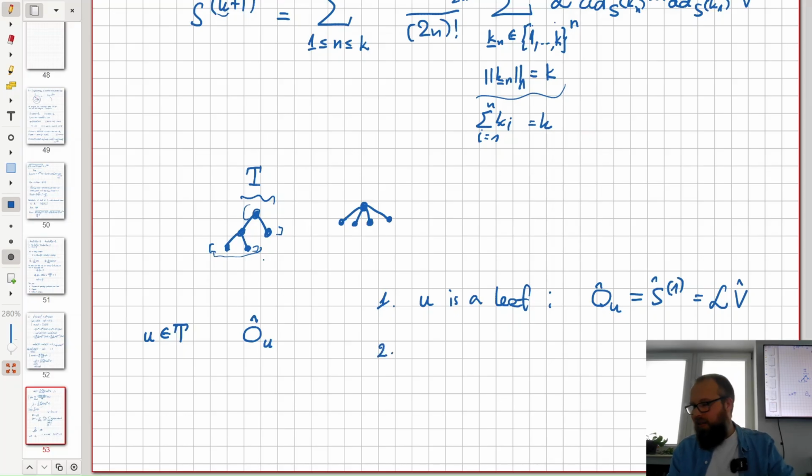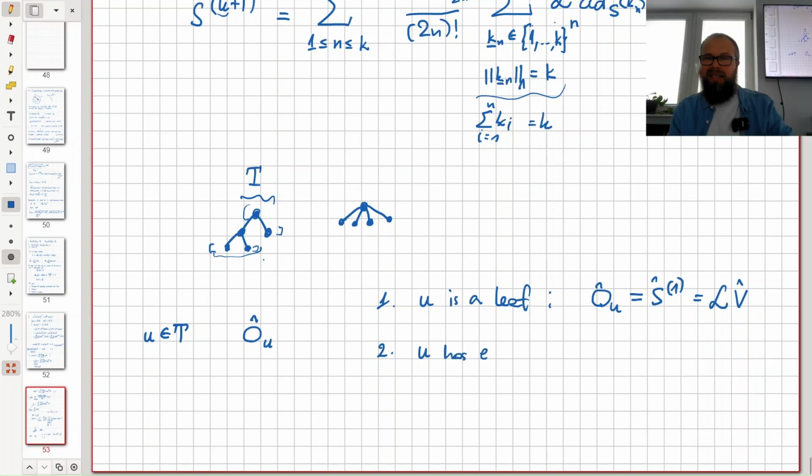2, when u is not a leaf, but it has an even number of children, this is important, u has an even number of children, NOC, and we can denote those children as u1 up to some uk, and k is even.